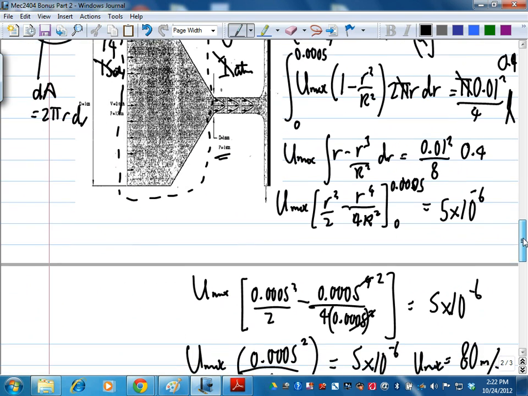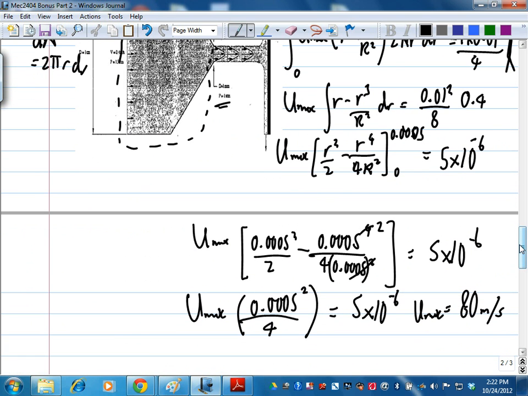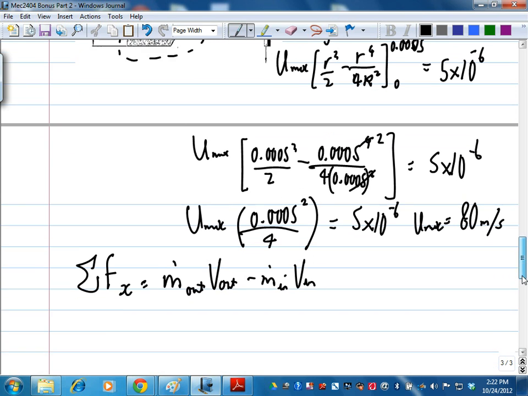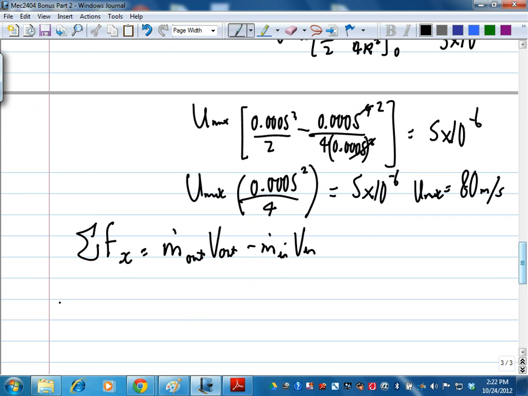Is it okay so far? Can I proceed? Any questions? Alright. No, then I proceed. Sum of forces in the X is equal to m dot out V out minus m dot in V in. That's the standard. Sum of forces, I think this one is P1 A1 minus P2 A2.